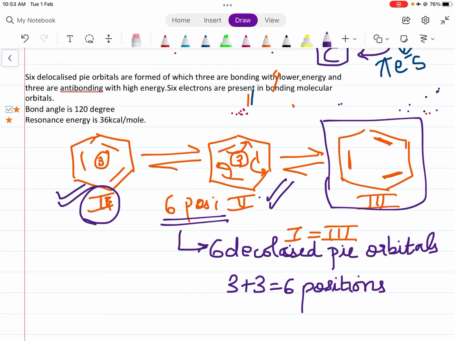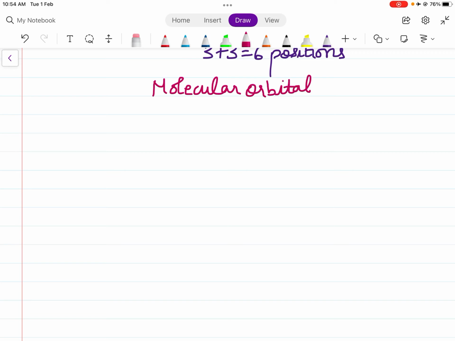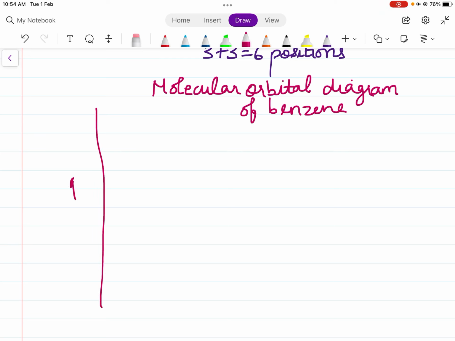So they are saying that 6 electrons are present in the bonding molecular orbital. So let's see the molecular orbital diagram, how to draw the molecular orbital diagram for benzene. This axis is the energy axis. There are 3 orbitals here and 3 here.